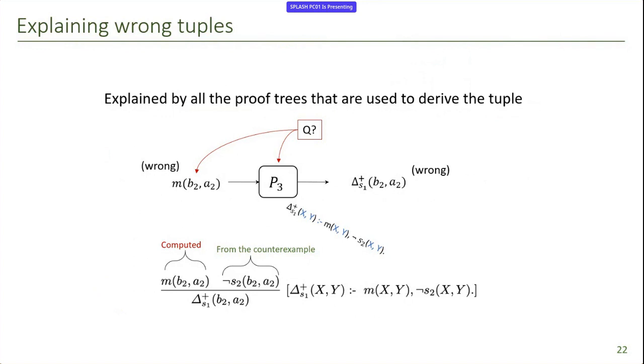But the source table S2 is a base table. This is a counterexample, so it's correct. So the only possibility for this ground tuple is that tuple M(B2, A2) is wrongly computed. And then in that way, we just ask the user to confirm and continue to inspect why the tuple B2, A2 of M is computed.